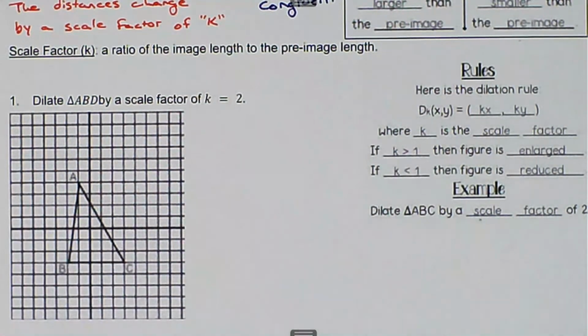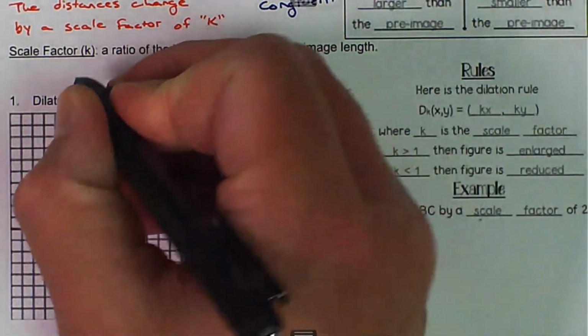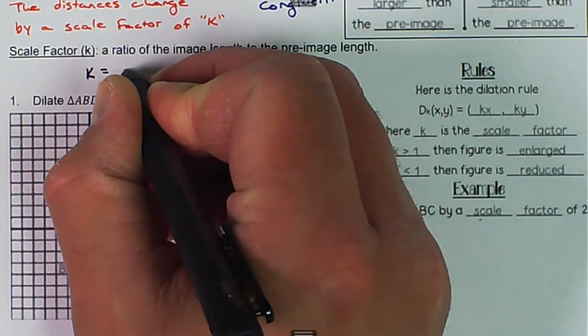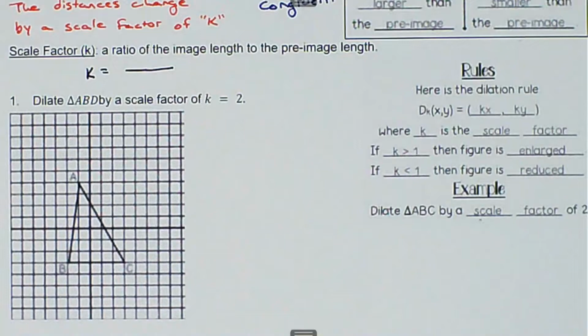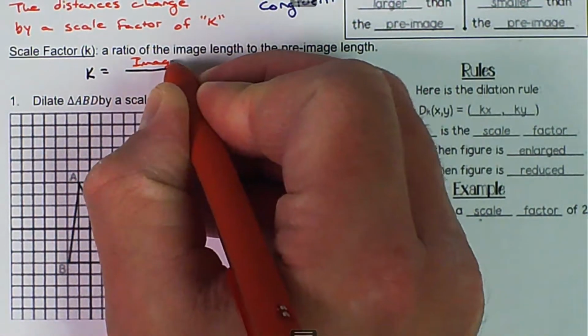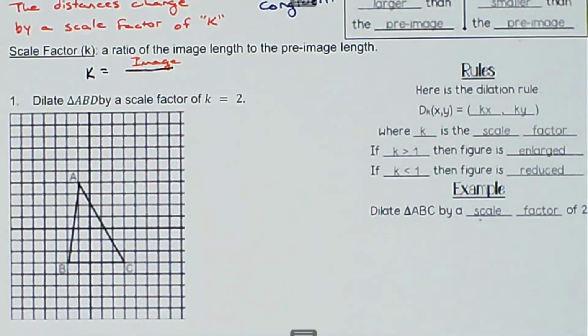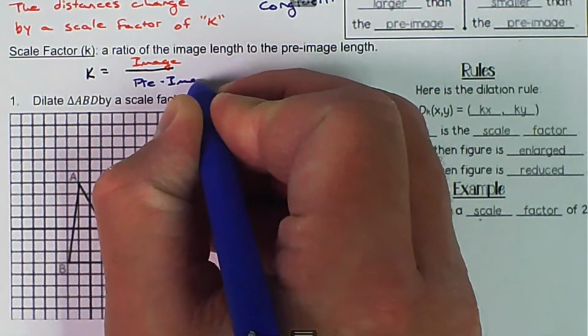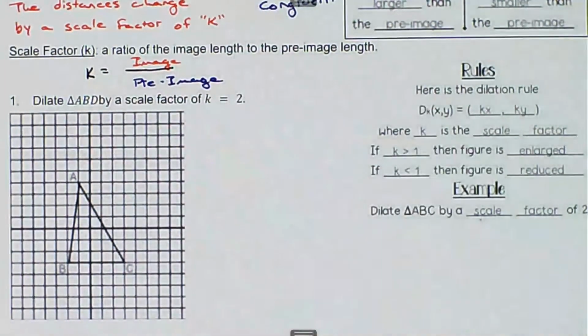So scale factor is represented by the variable K, and that is equal to the image divided by the pre-image. And that's important because that's going to dictate for us consistency.